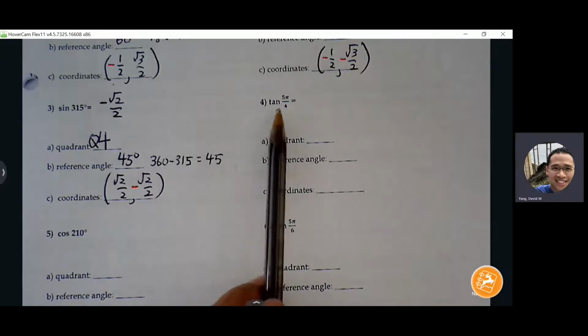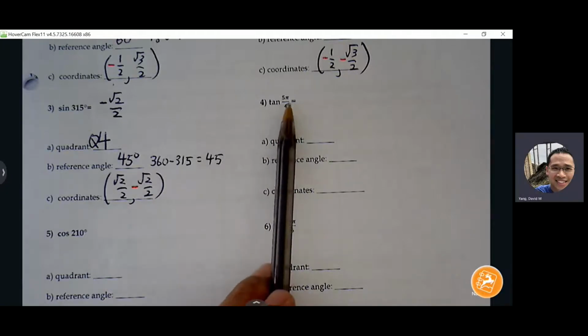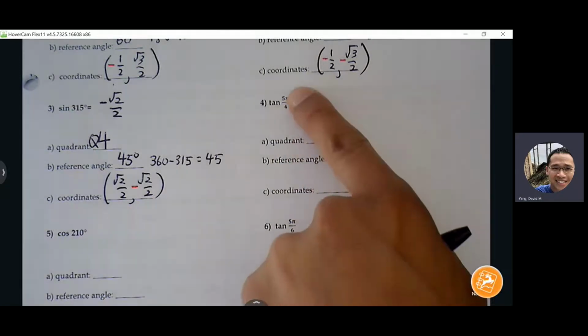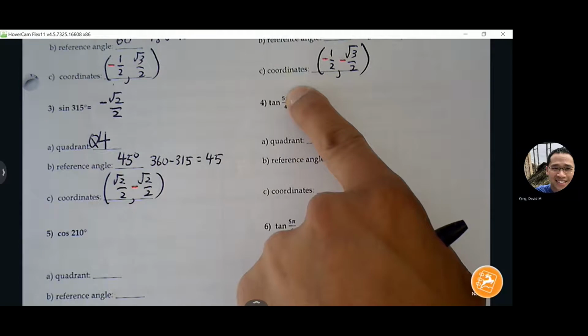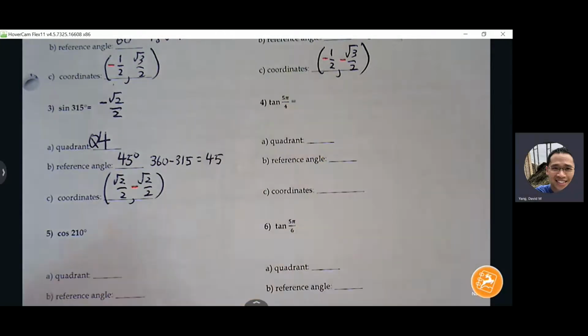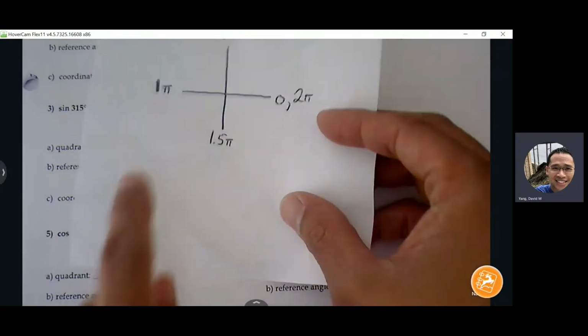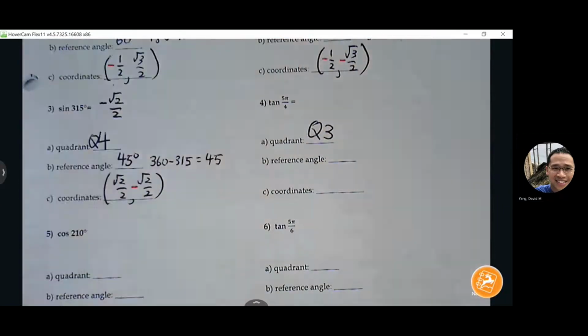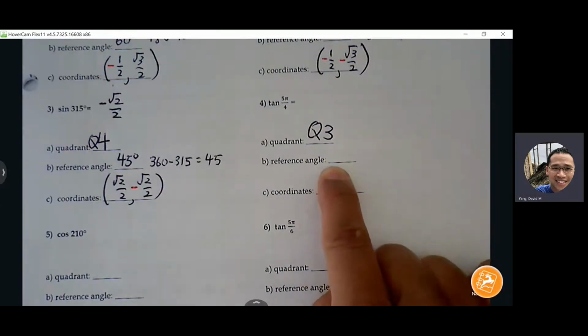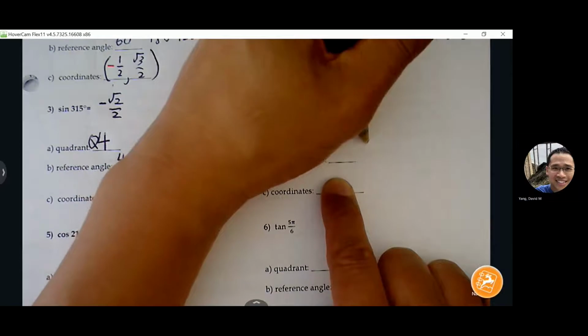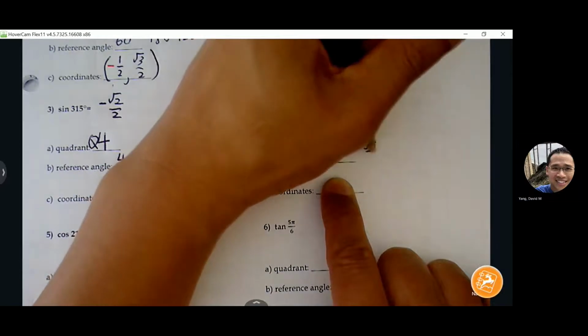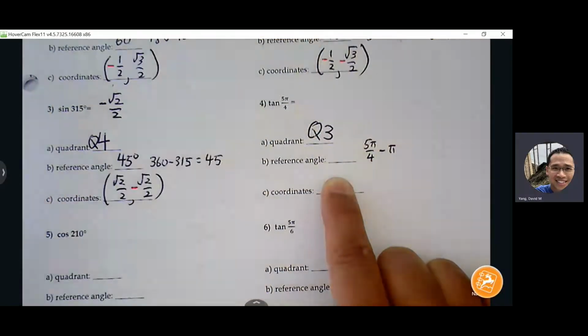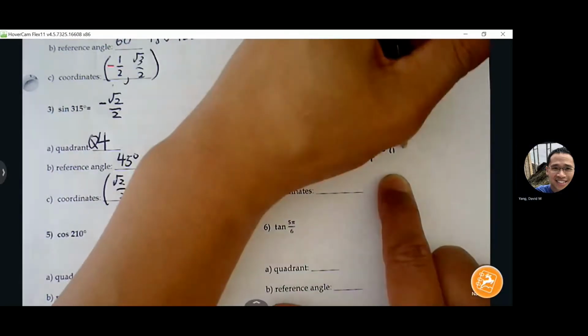Okay, number 4. Tangent of 5 pi over 4. Let's focus on that fraction. Don't look at the pi, look at the fraction. 5 over 4. Which quadrant is that in? Third quadrant, right? 5/4 is greater than 1, but less than 1.5. Third quadrant. Reference angle: I know I have to involve pi, so larger minus the smaller.